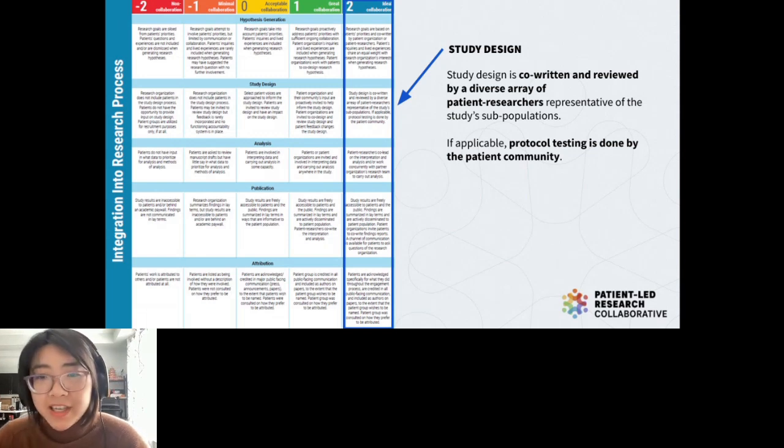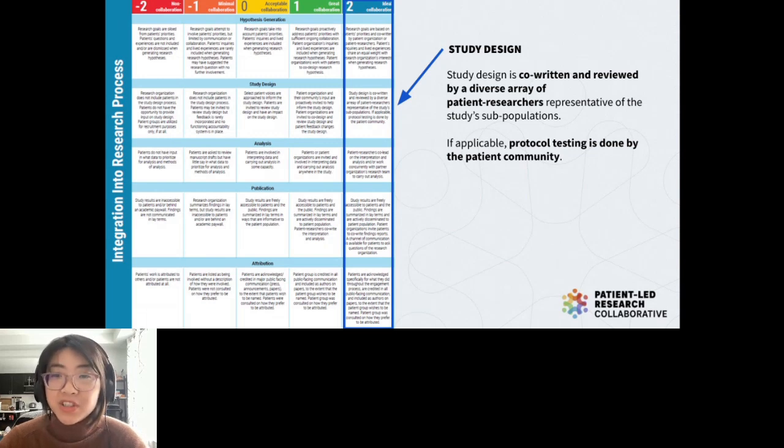What we also advocate for is to test the study protocol with the patient community. And this is something that Patient Led Research Collaborative offers. As somebody who has done quite a lot of field research and participatory design, this is something I'm very passionate about.